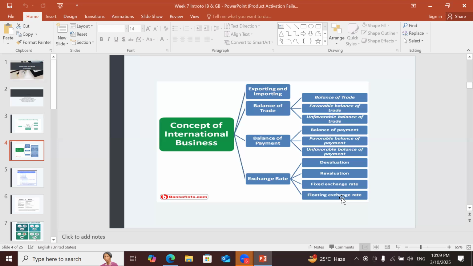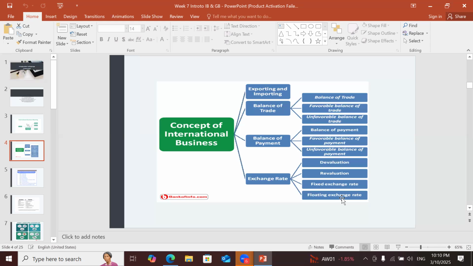Revaluation means your assets or exported or imported items need revaluation. Prices are more or less than the original price. This is revaluation. And devaluation, sometimes you have to lower the price from the original to get maximum profit or minimum loss.